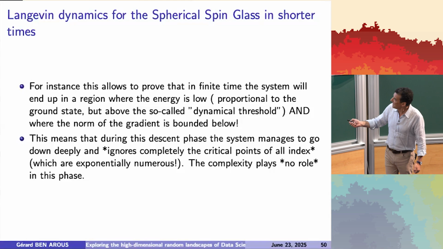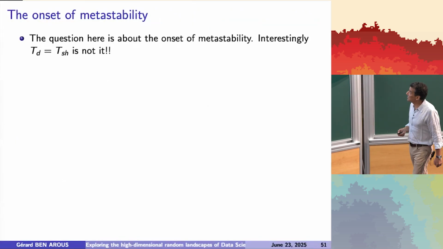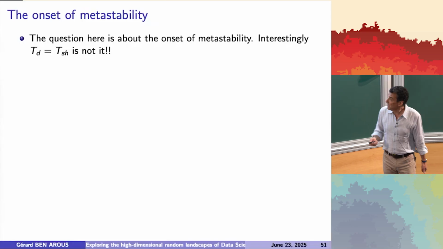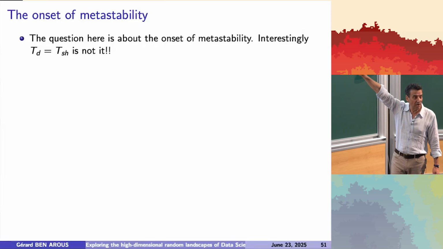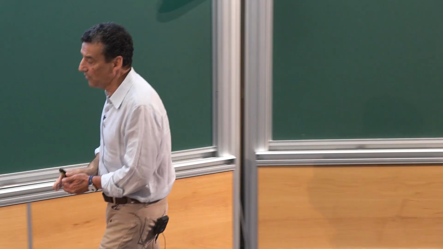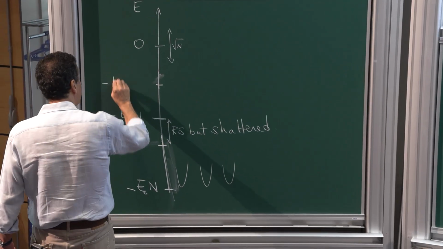Okay? So, and yesterday I mentioned also the question of metastability. So let's just say, so this level that I call E infinity, which is also the E dynamical or shattering, this is not the threshold for metastability. The threshold for metastability is above.